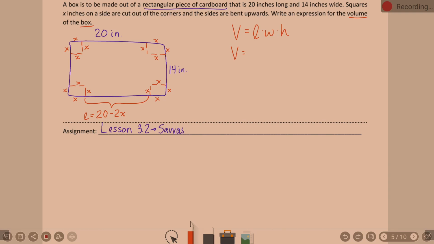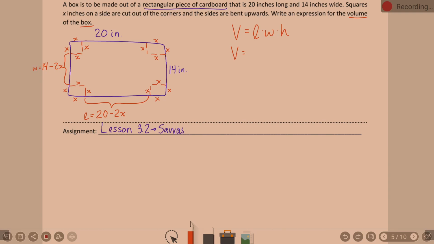What about my width then? 14 minus 2x. Yeah. The width of this paper, we'll pretend, was 14. You take out an x, you take out an x. 14 minus 2x. So this right here, 14 minus 2x, is my width.